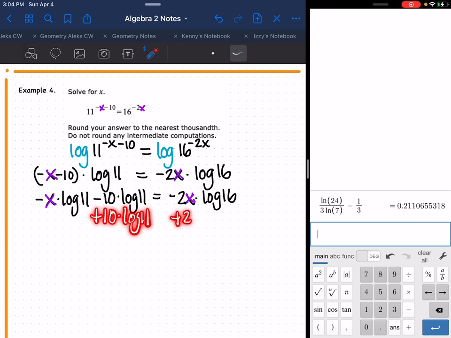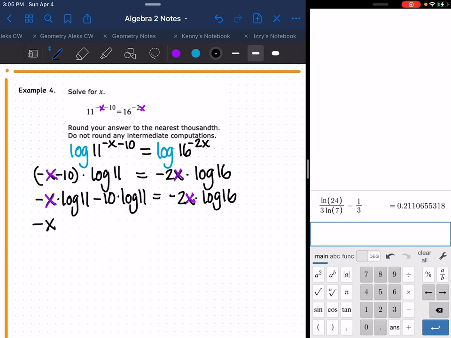So when these two switch, their sign switches. It's not just a simple switch of places. The sign in front of them has to switch as well. So my next step is going to look like negative x times the log of 11 plus 2x times the log of 16.